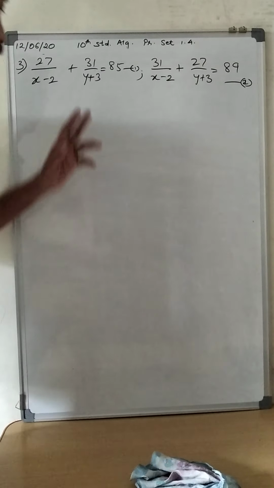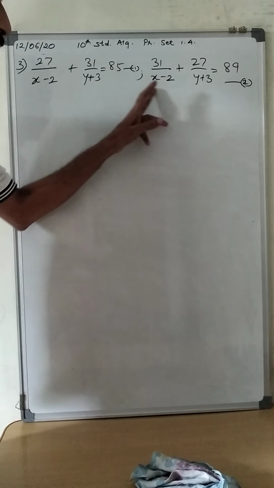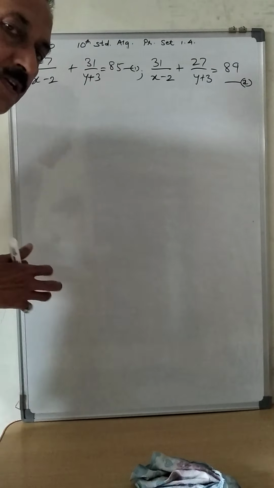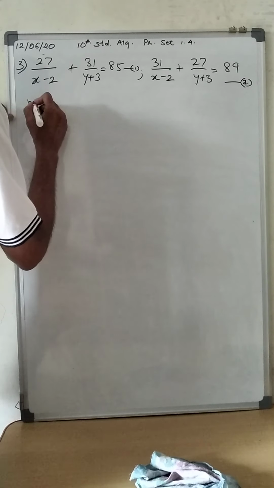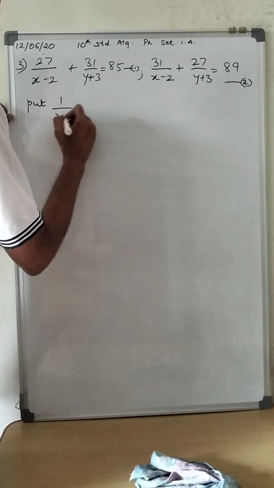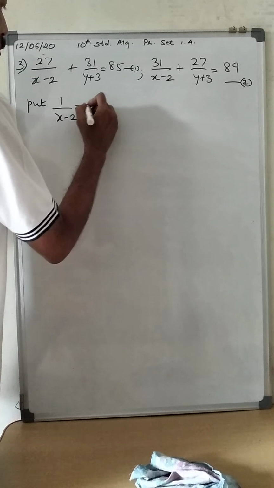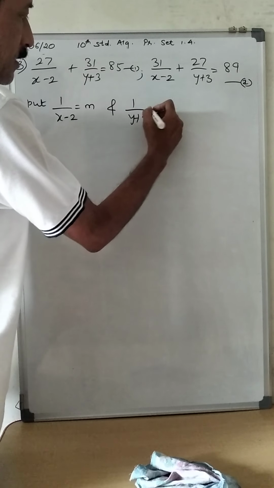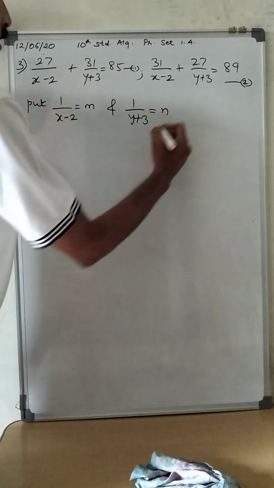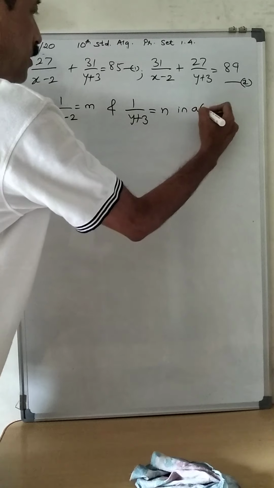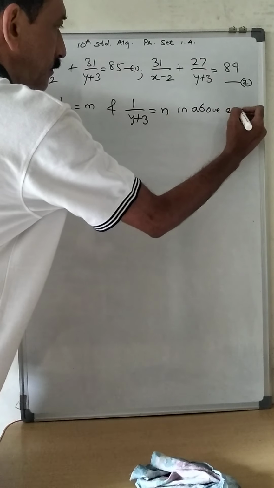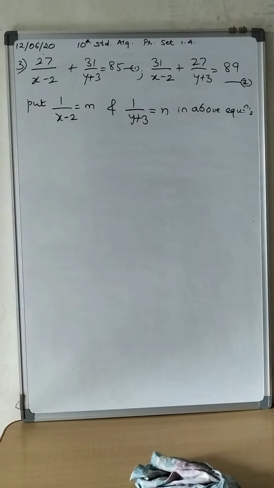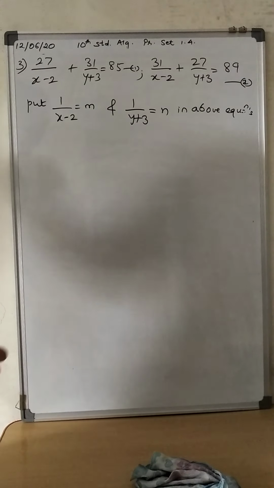Now what do we do? x minus 2 is common, y plus 3 is common. We substitute that. So we put 1 upon x minus 2 is equal to m, and 1 upon y plus 3 is equal to n in the above equations. We put these values in the above equations.